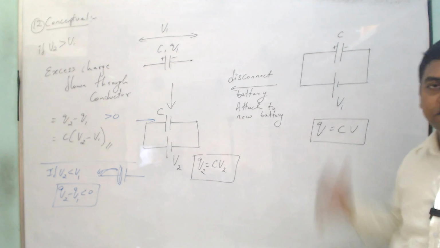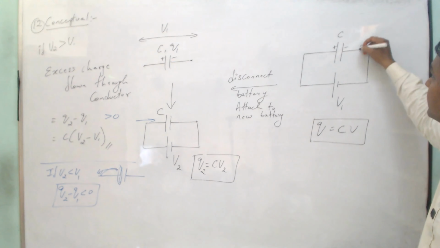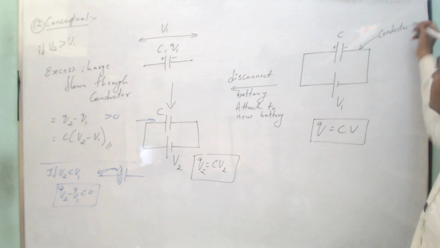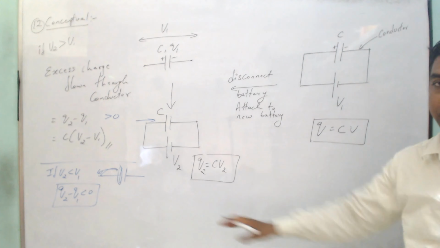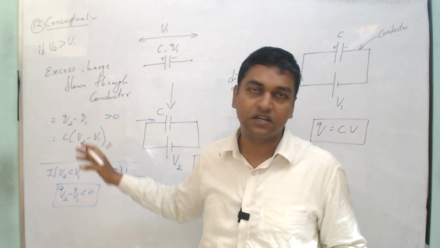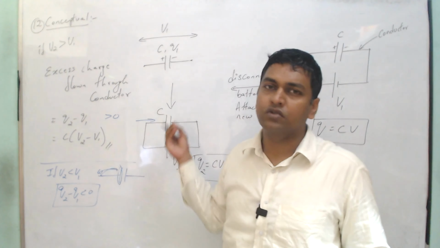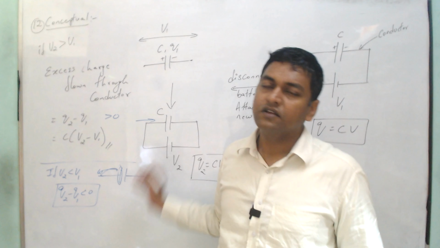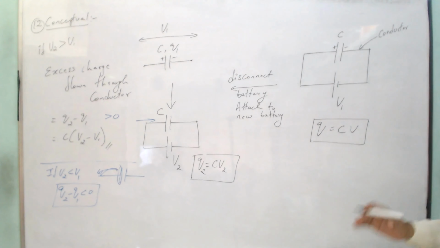This wire itself is a conductor. So if Q2 is greater than Q1, further charges have flown from the conductor to the capacitor. In the reverse case, where V2 is less than V1, charges from the capacitor plate go back, from high potential to low potential. Correct.